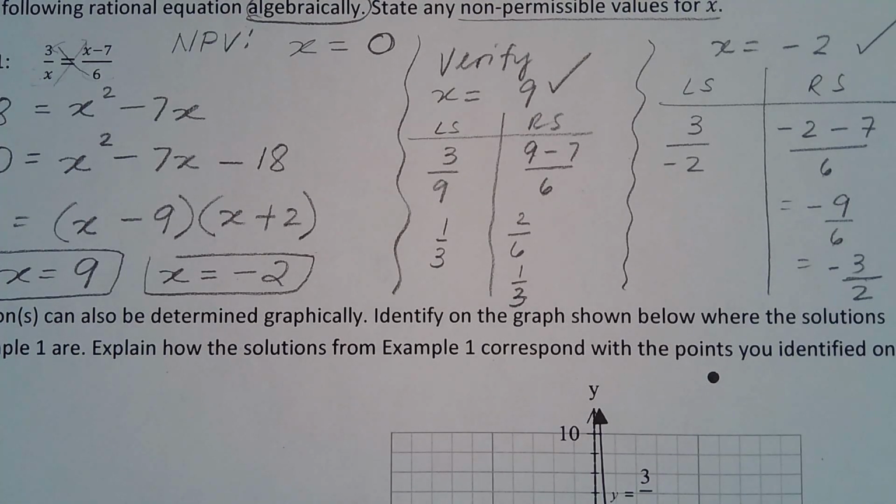If I click on this one, the point of intersection is x is negative 2, and we got x equals negative 2 as one of our solutions. And here's the other point of intersection, x equals 9. 9 is our other solution.